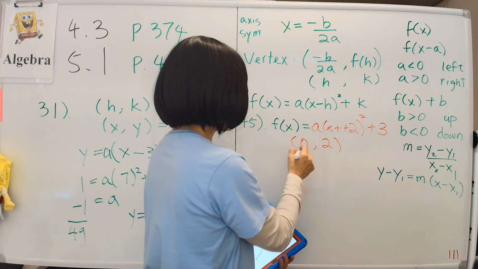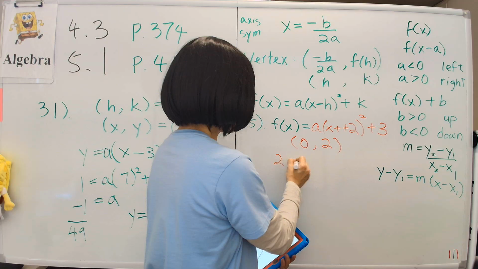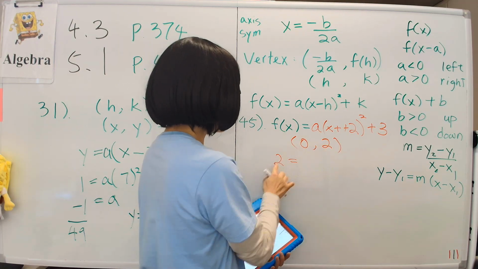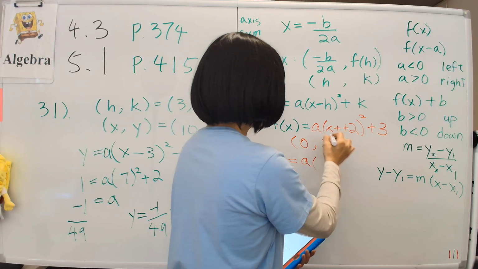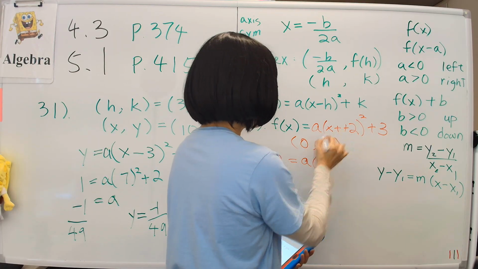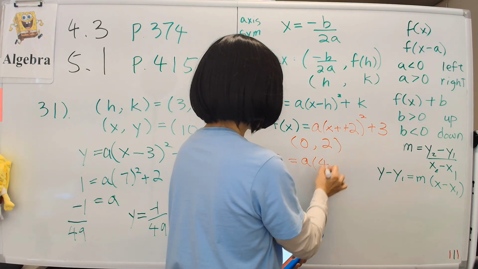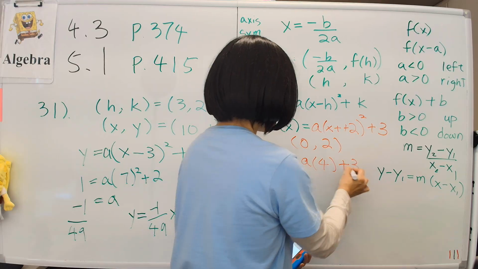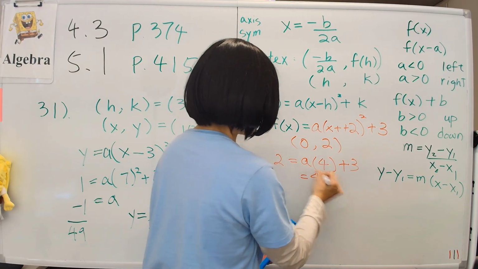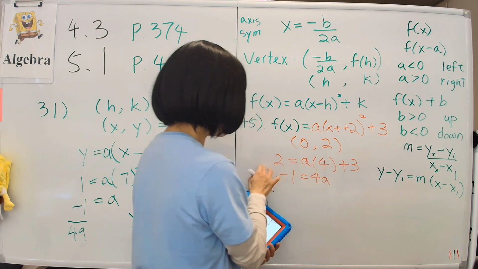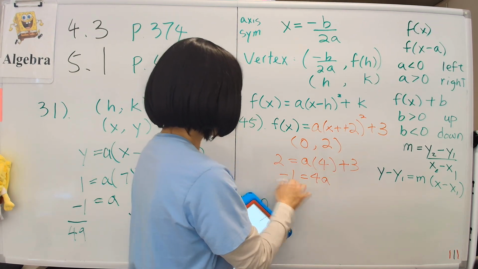So if it's 0 and 2, then plugging in everything: f of x is y, which is 2, equals a times 0 plus 2, squared is 4, plus 3. So that gives us 4a equals minus 1. Move the 3 over here, it becomes negative, minus 1.